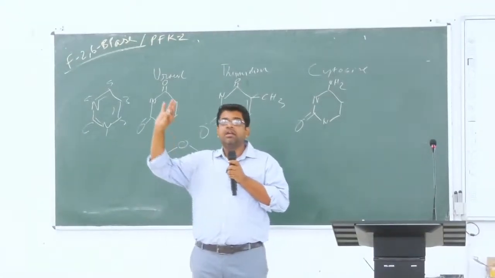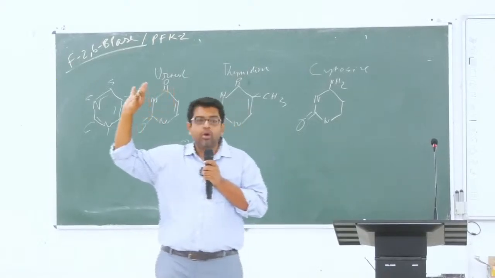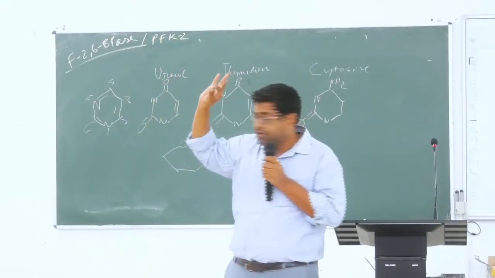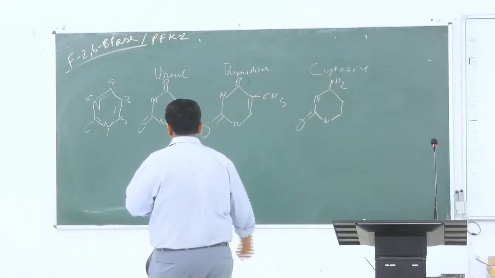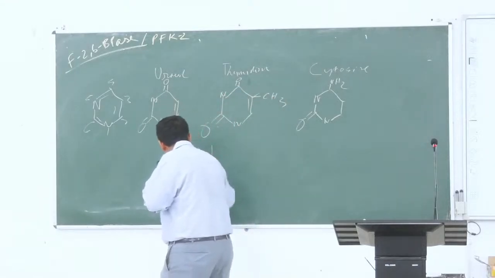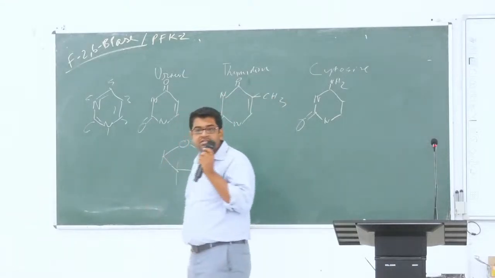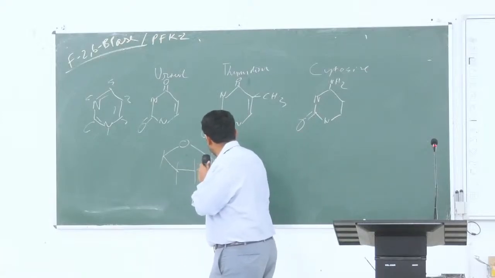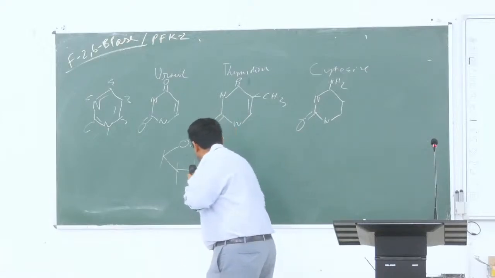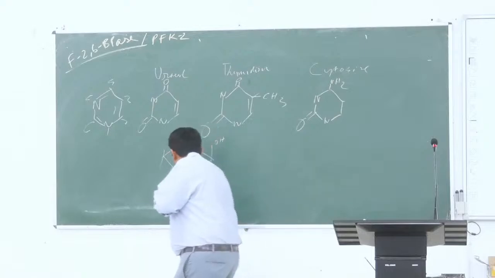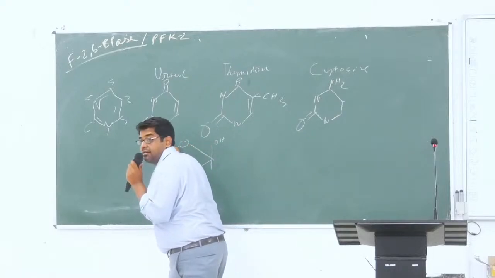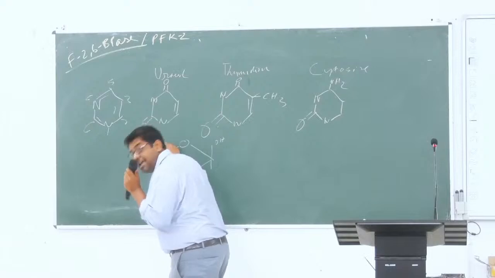Comfortable till now? It started with an O and you put a 5-membered ring. Then what you did is 1, 2, 3, 4. Just like glucose. 1, 2, 3, 4. CH2OH.